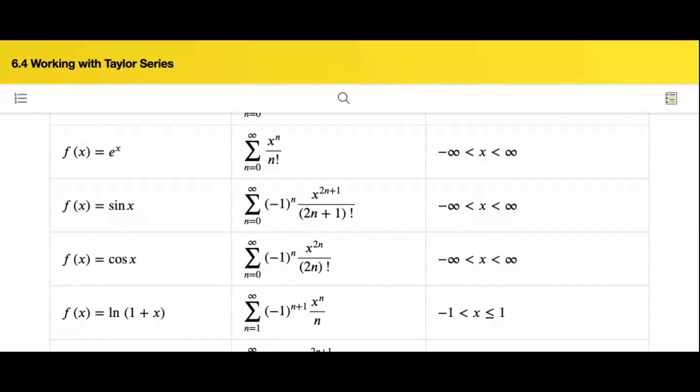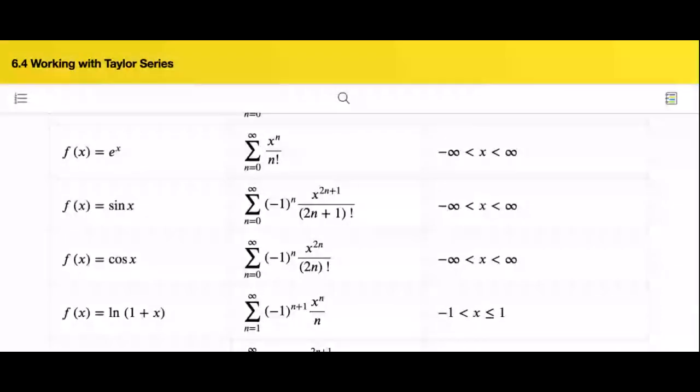So it forces the exponent of x to be an even number, and 2n forces the denominator to be an even number factorial. And cosine x is not too far from sine x. Remember cofunctions. The interval of convergence is also all real numbers.